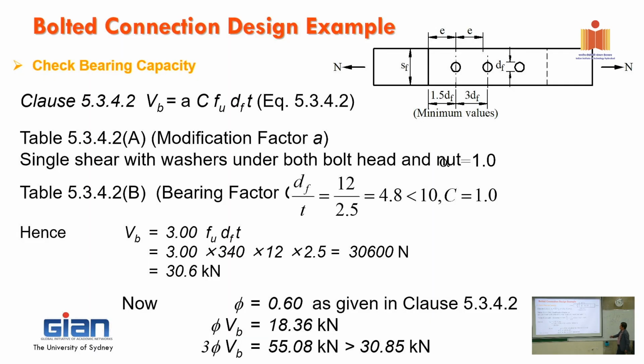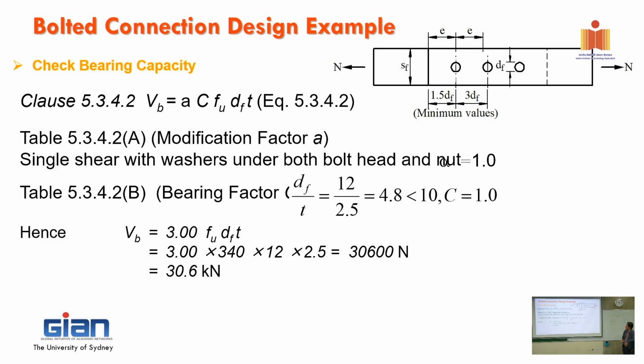Then you use 0.6 as the load factor, a little bit higher than the other, and multiply, and you get the total capacity of the connection because it has 3 bolts. You multiply by 3, and then you get a total of 55. It's a lot bigger than the other failure mode, right? So that's what it is. Good.